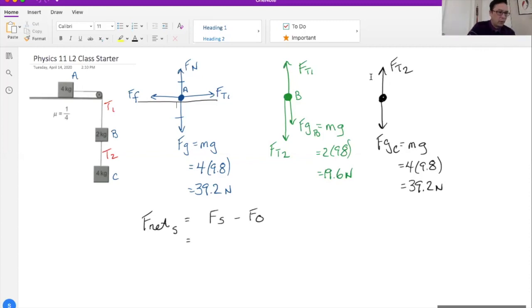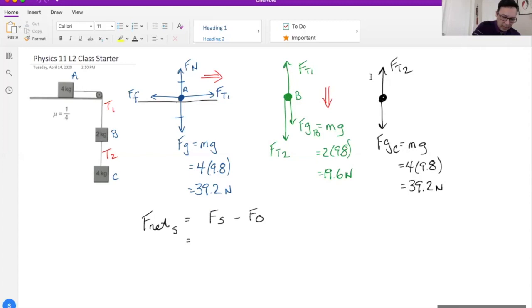Now the supporting forces in this case are any force that's going to have the object travel in the direction that it's going to move. For object A, it's going to move that way, and so FT1 is supporting. For object B, it's going to go down, so force of gravity B and force tension 2 are supporting.